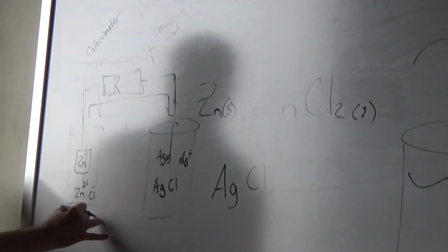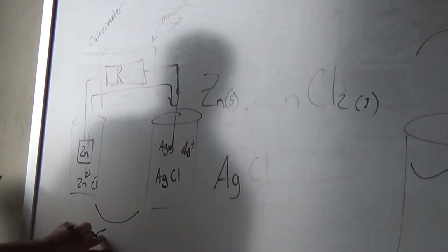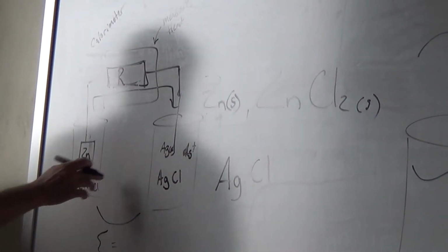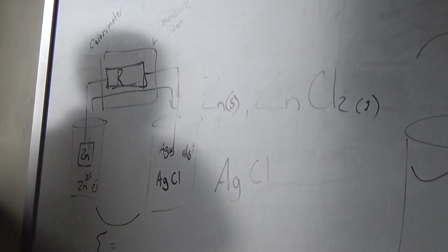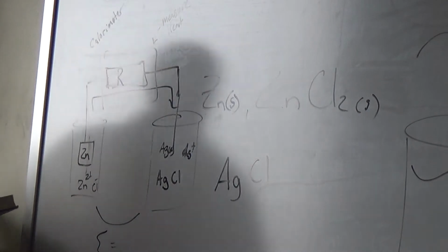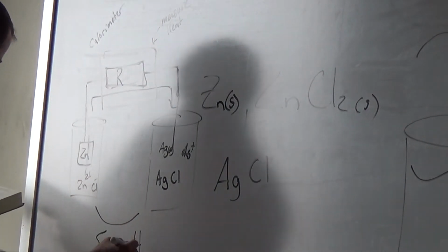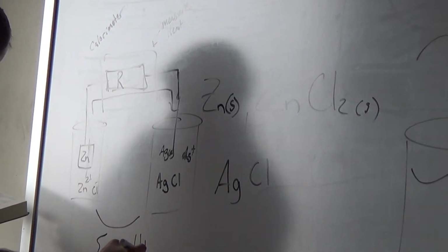And the sum of the heat changes that take place in these compartments approaches negative 43 kilojoules.